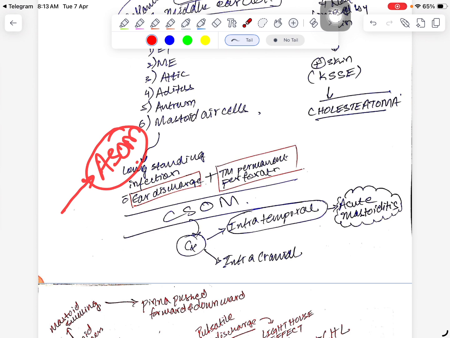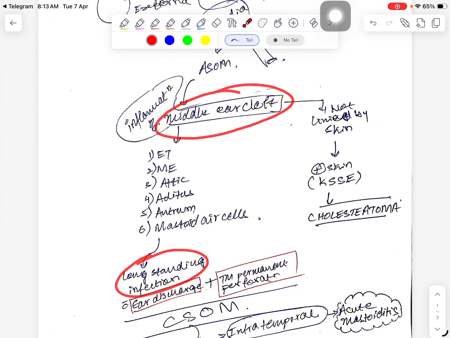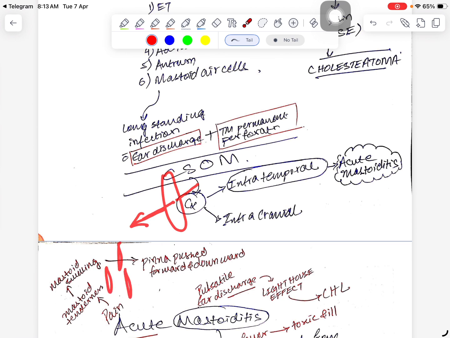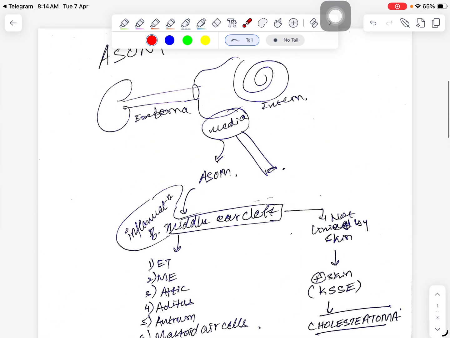Suppose there is a long standing infection of this middle ear cleft with ear discharge and permanent tympanic membrane perforation. This is our pinna, this is the externa and this is the tympanic membrane.